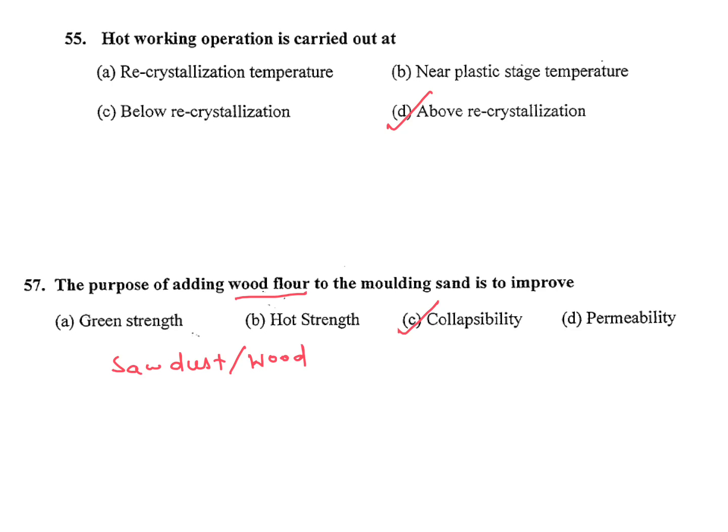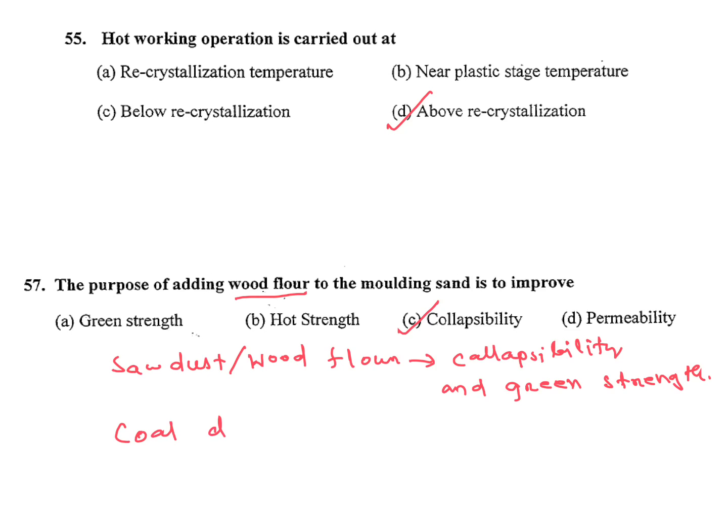It also affects collapsibility and green strength, but the major effect is collapsibility. And one more thing, coal dust we add for better surface finish. This is also important.